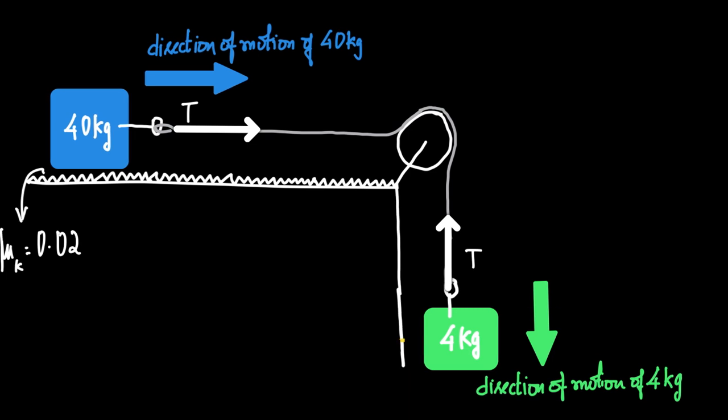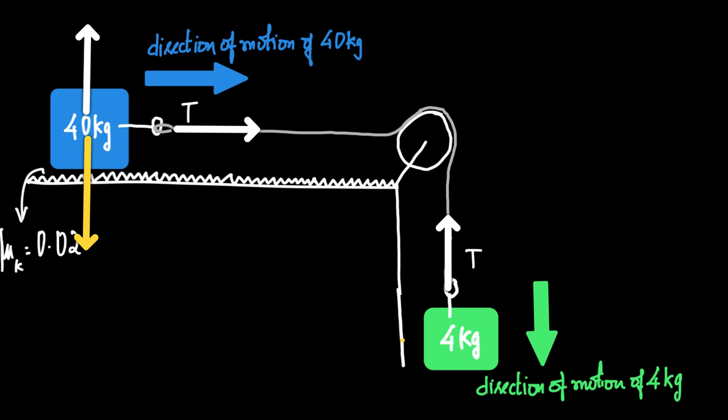So first up, the 40 kilogram body is moving towards the right. The 4 kilogram body is moving downwards. What are the various forces acting on it? Weight will be acting downwards. Normal reaction will be acting upwards.